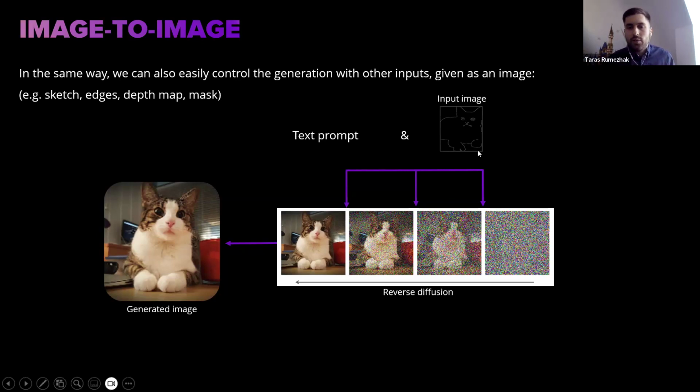Here, as you can see, we have a sketch of a cat. Sorry, I'm not the best artist, but I hope it reminds you of a cat. The idea is that, as you remember, we encoded the text prompt in an embedding and in a vector space. The same is done with the image. So we have an alternative input image encoder. The image as well is represented initially as a matrix and then as a vector with some learned features. We just combine the text prompt and input image and use this as guidance, as another input for the noise predictor during this reverse diffusion process.